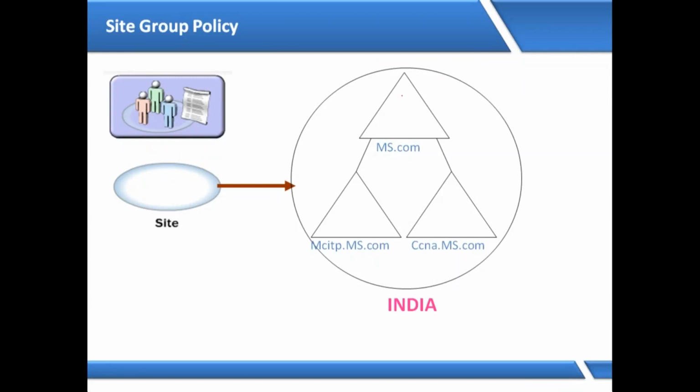So you can remember this is your first domain, and this is called your parent domain. The parent can be only one, remember, and you can have any number of child domains.